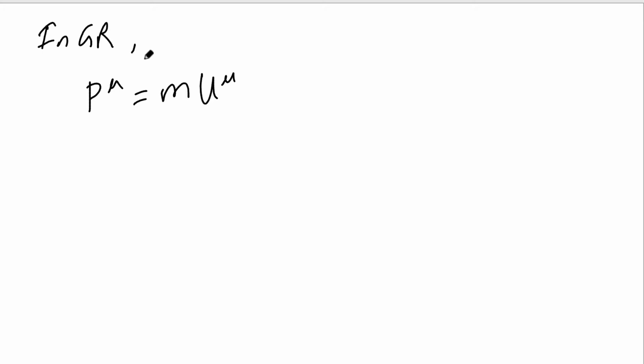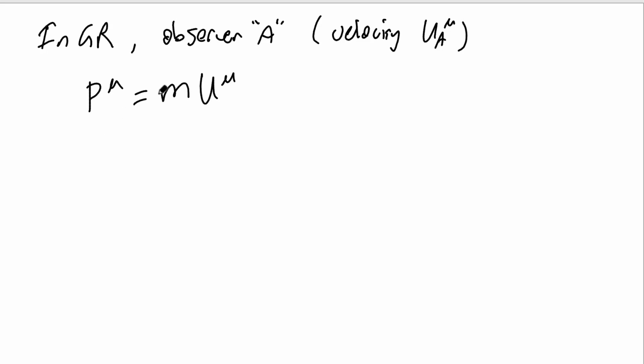And we have an observer, and just so I don't confuse the velocity of the particle with the velocity of the observer, let me label the observer, say, give him a subscript A. So this observer has velocity U sub A. Right, the energy that the observer A sees for this particle is just the inner product of the observer's velocity with the momentum of the particle.